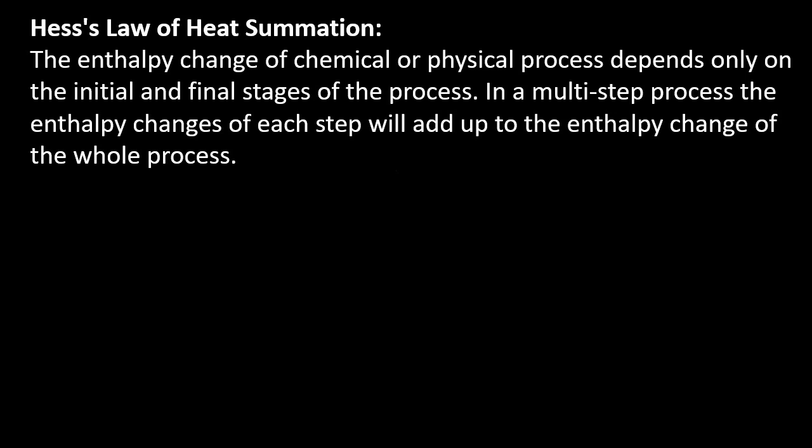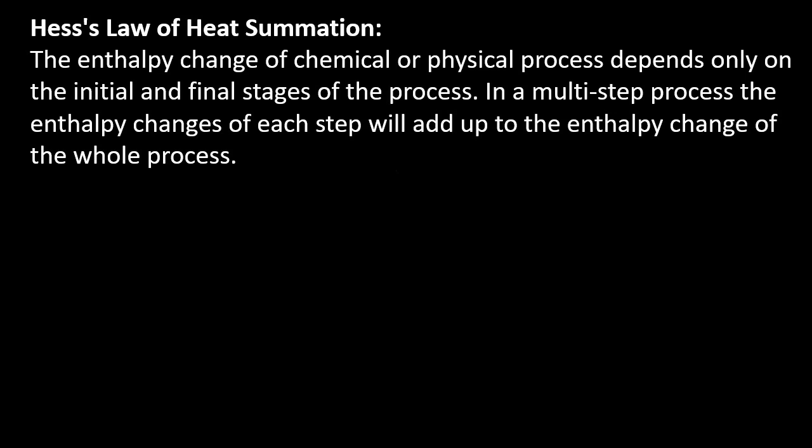So that means if you have, for example, a multi-step chemical change or physical change, you can actually determine the overall enthalpy change by adding up the enthalpy changes of each of the steps.